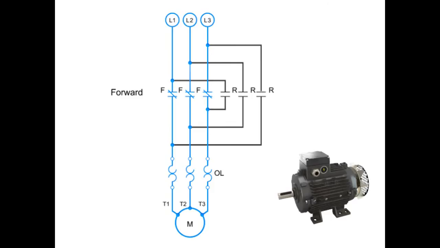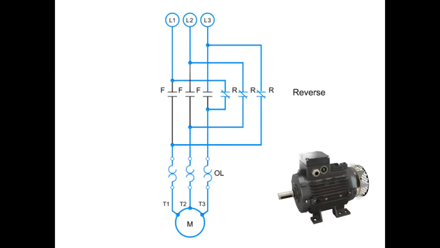To run the motor in reverse, then, two of the contacts must be switched. In this case, L1 is connected to T3 and L3 is connected to T1. L2 and T2 remain connected. This reversal of contacts will cause the motor to run in the opposite direction.